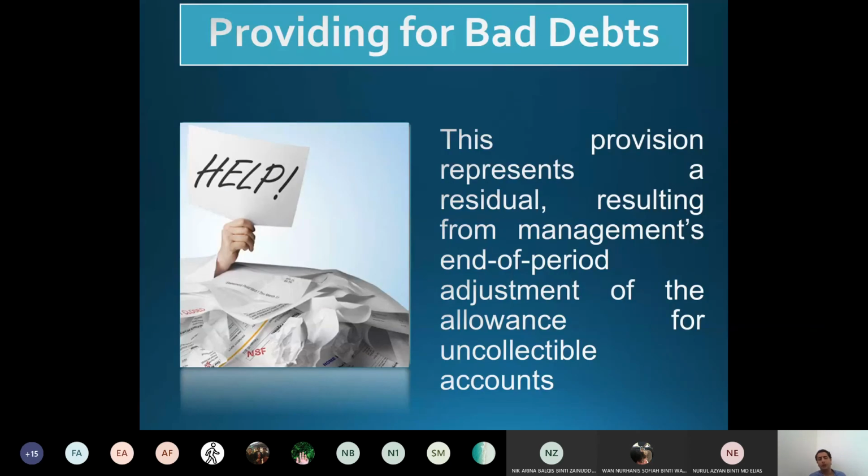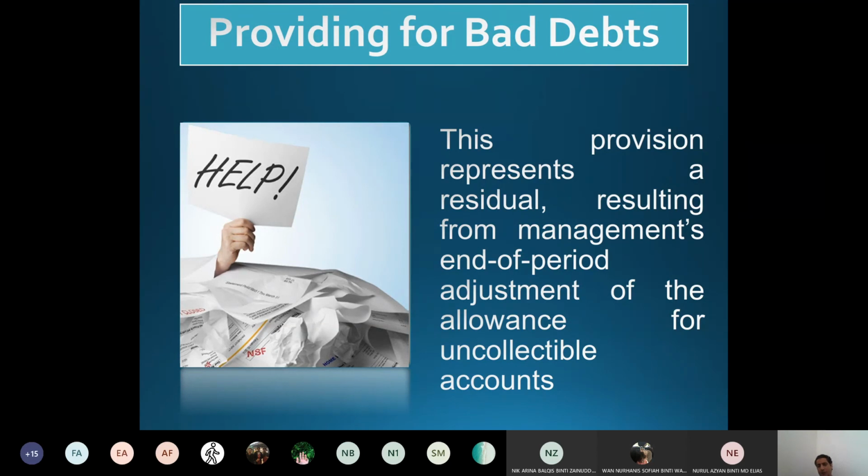Okay. For this kind of activity, like what we say, the bad debts, when we write off, we need to have a provision. We need to have a provision to help the company face this kind of situation, an allowance for uncollectible accounts. So we should be providing help or provision, having preservation for what we call uncollectible accounts.